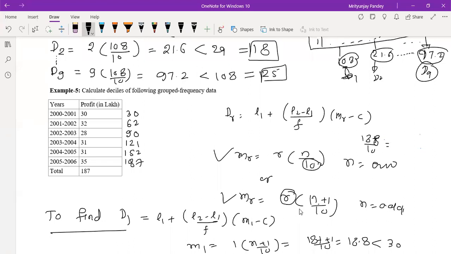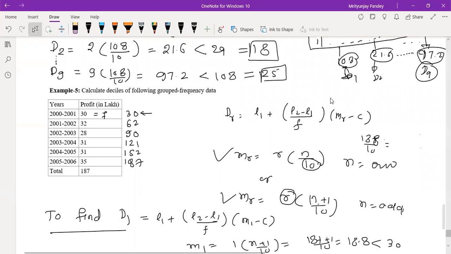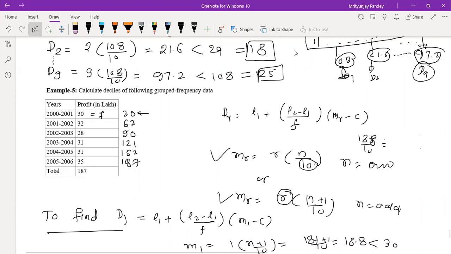So what is your value of F? This is your F, right? और ये इससे just छोटा है, तो इसके just preceding value कुछ भी नहीं दिया है, तो क्या लेंगे बताओ? Yes, tell me. What is the value of C?